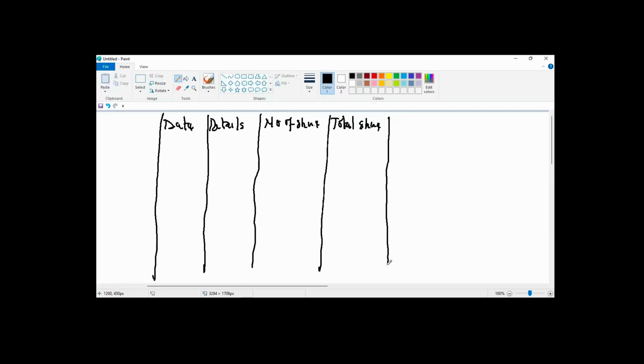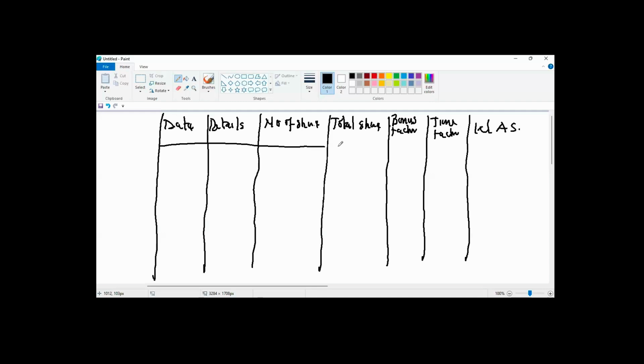We have the bonus factor and the time factor. Then with that, we have the weighted average shares. This is what we have. Good.